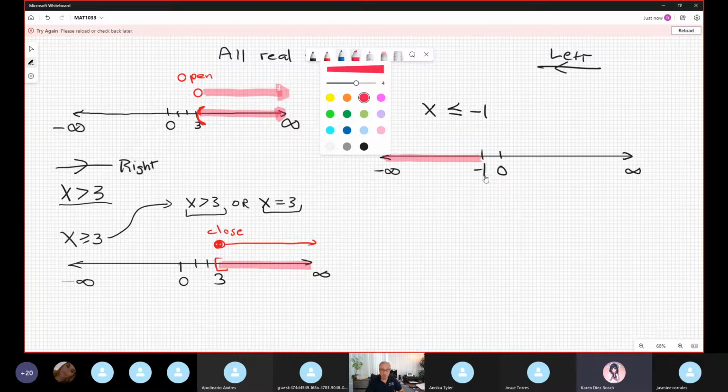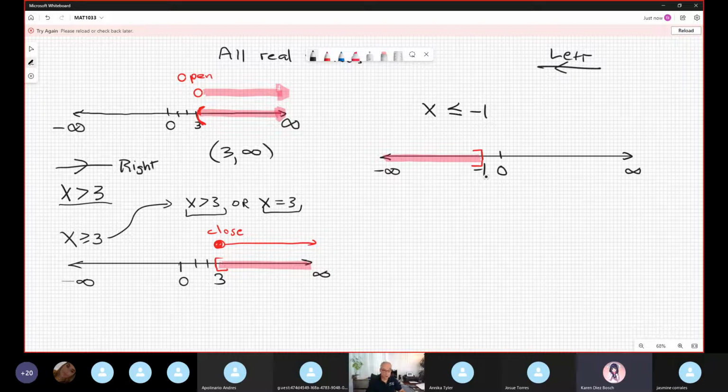And the symbolic way to indicate this idea is something like that. Basically, in interval notation, the most popular notation that we are using, this interval is parenthesis 3, infinity. This interval is bracket 3, infinity. And this interval is from -infinity, -1, parenthesis and bracket. So equal, bracket.